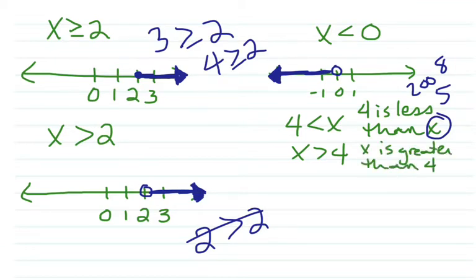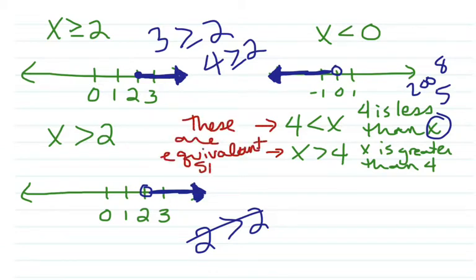Those two statements are equivalent statements. So if you can think about 4 is less than x, great, leave it. If it makes more sense to you to say x is greater than 4, then rewrite that. Notice everything flipped around. We wrote the x on the left, it used to be on the right. The symbol flipped around and then the number moved spots.